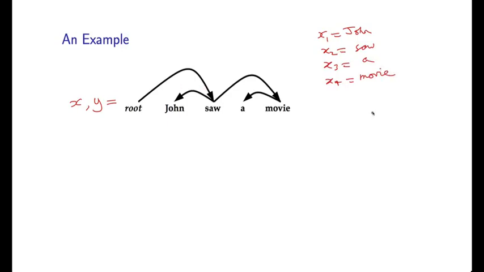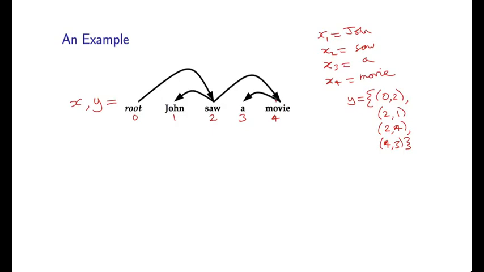And the dependency structure y is equal to a set of dependencies where we have (0, 2), (2, 1), (2, 4), and (4, 3). It'd be useful to number these words 0, 1, 2, 3, 4. So for example, the dependency (2, 4) corresponds to this directed arc between saw and movie.